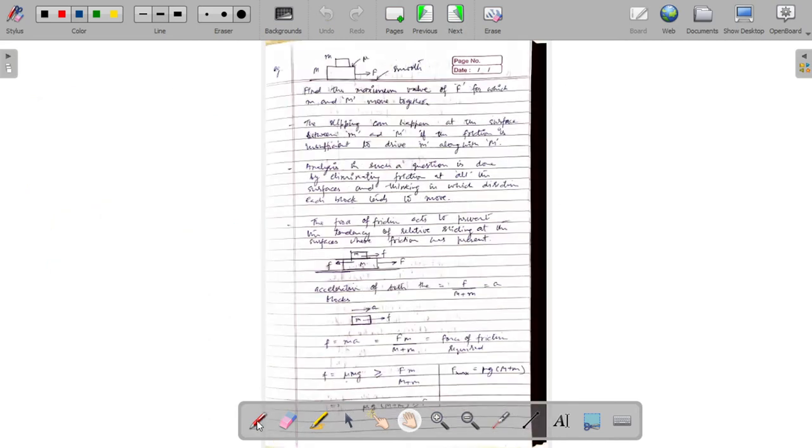So let us take this particular case. We have to find the maximum value of F for which small m and capital M move together.